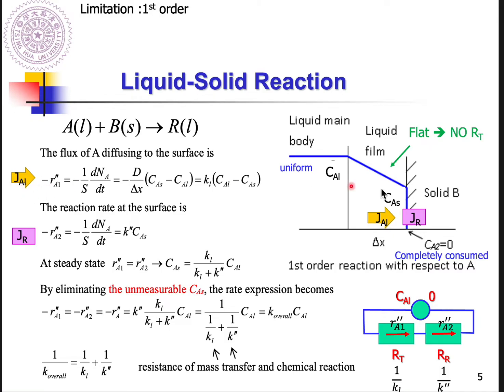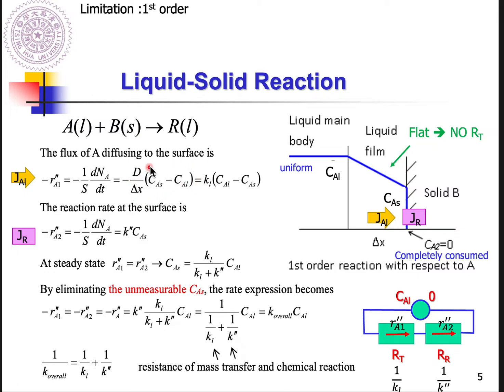So here, for the flux of reactant A diffusing into this film layer, we can use minus r double prime AL, where A is reactant A in the liquid film layer. Then we use the consumption rate of reactant A per unit area S. The behavior of reactant A diffusing through the liquid film needs to obey Fick's first law, which is minus diffusivity times the concentration gradient.